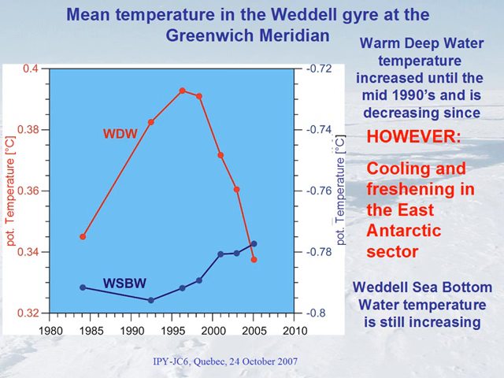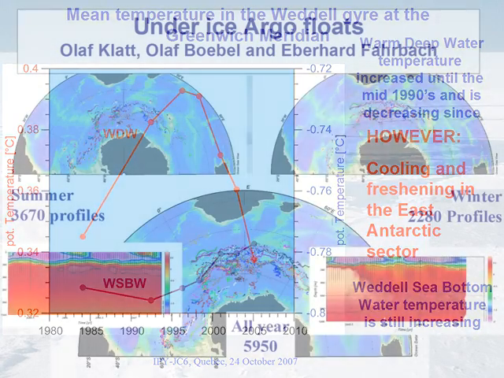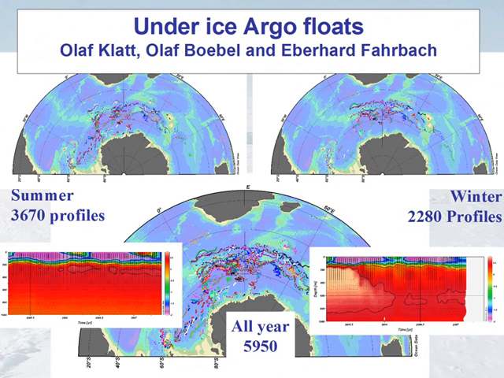This has to be followed as well, and therefore we are developing a similar system for the Antarctic Ocean, where we have buoys floating under the ice, transmitting their data when they can return to the surface in the next summer. And with this type of buoys, we can obtain measurements over decades of the Antarctic Ocean under the sea ice and see what has happened there in the future.